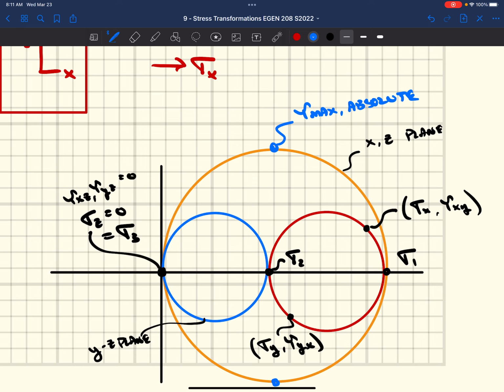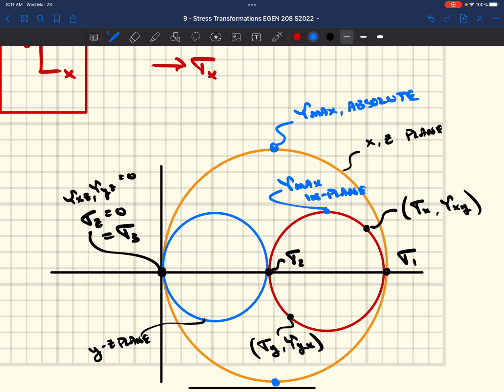If we were looking for the maximum in-plane shear stress, that's the magnitude we would be capturing: the xy plane. That's what all the Mohr's circles we've drawn to date are, this xy plane. And if we grab the radius of that circle, well, that is the maximum shear stress if we were to rotate it in plane.